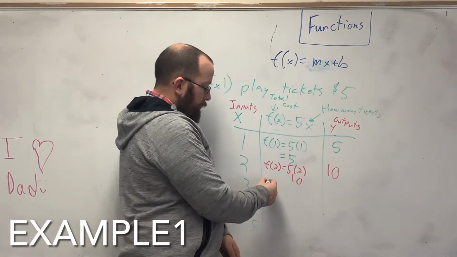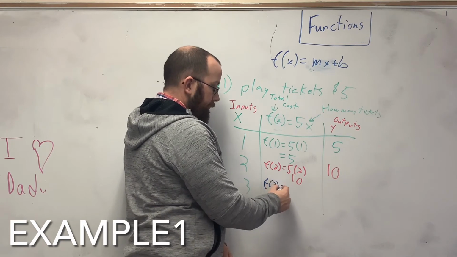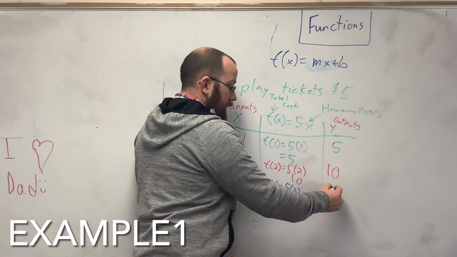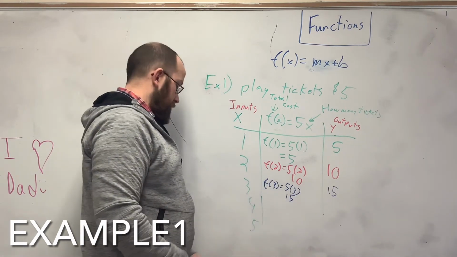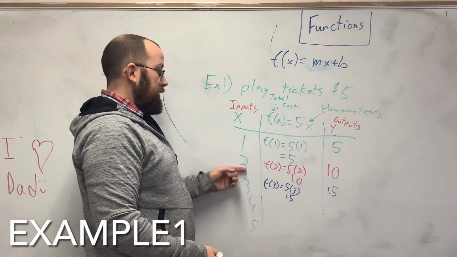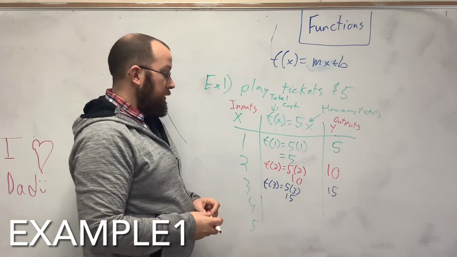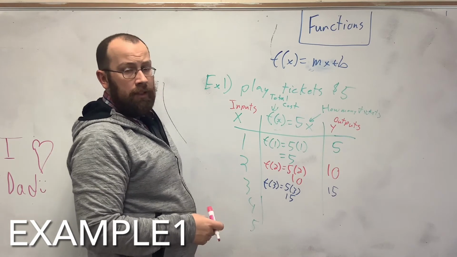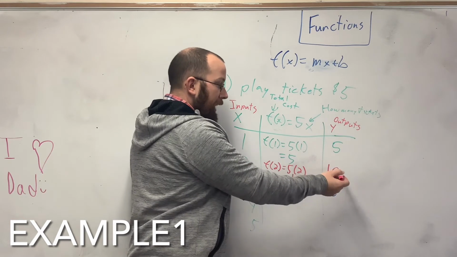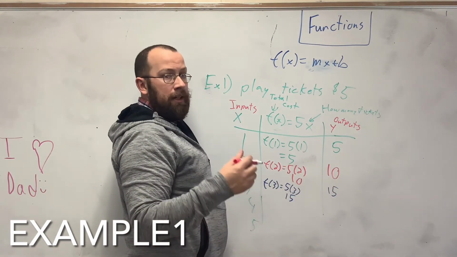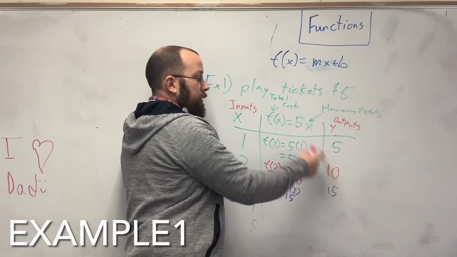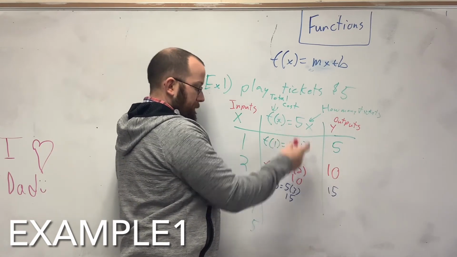Now what if I buy 3 tickets? 15. All right, I'm not going to go to this play and say I need 2 tickets and then pay $20 for 2 tickets. No, the tickets are $5. So if I buy 2 tickets, I'm always going to owe $10. My input was 2. I'll always have the same output when it comes to this function.